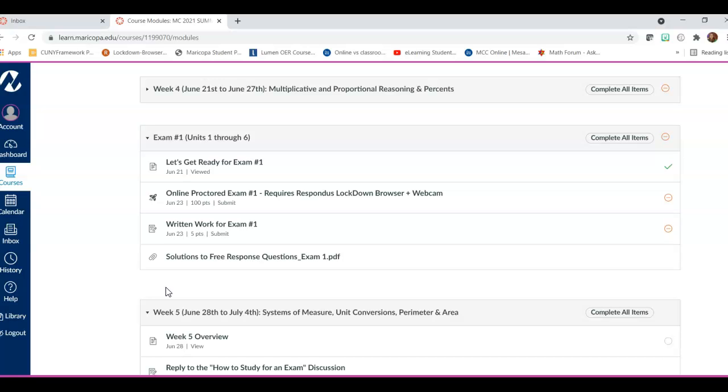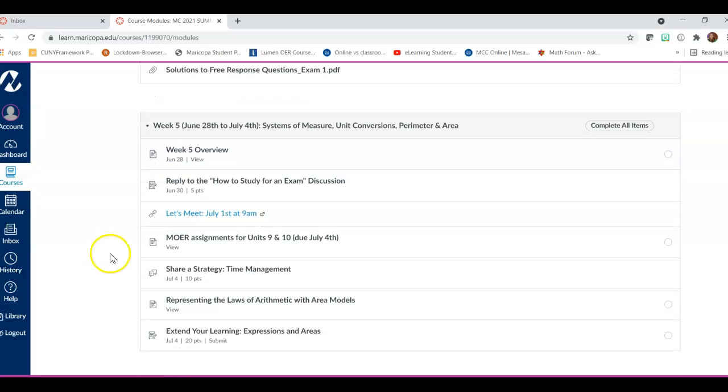So if you had any questions or concerns or you'd like to review any of the 40 questions on the exam, definitely come prepared to the Let's Meet session on Thursday morning. Check the solutions, compare them to your work, and then if you still have further questions, of course, we can go over them during the Let's Meet session so you can get all your questions answered. And then obviously during the Let's Meet session, we can also go over any questions you have as you're working on units 9 and 10.